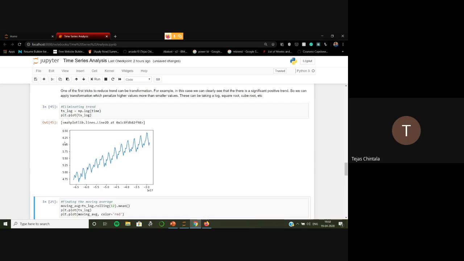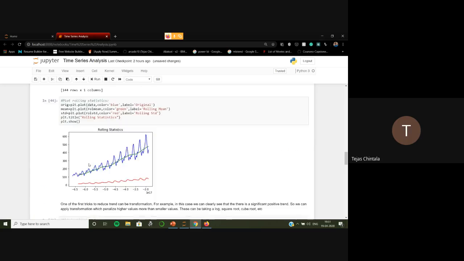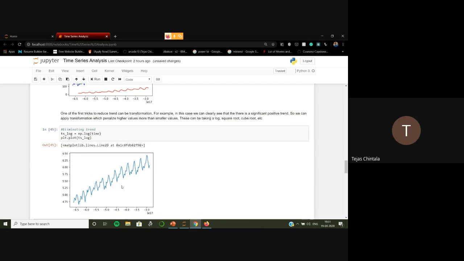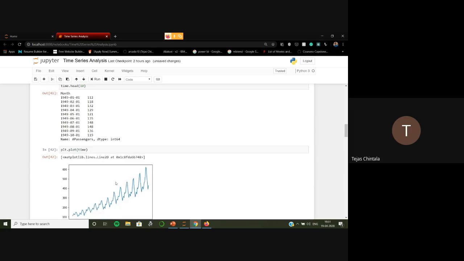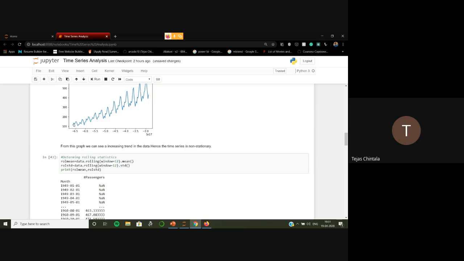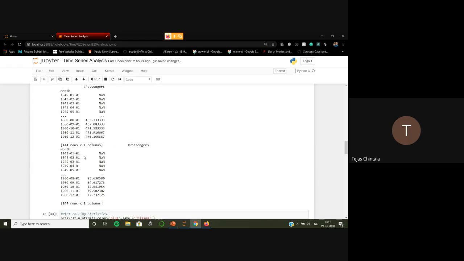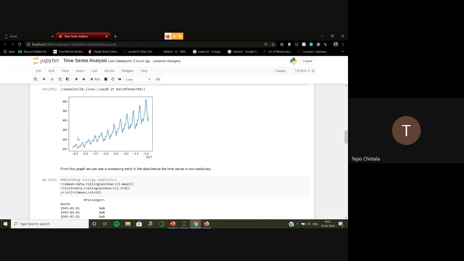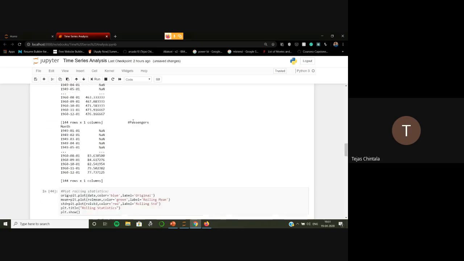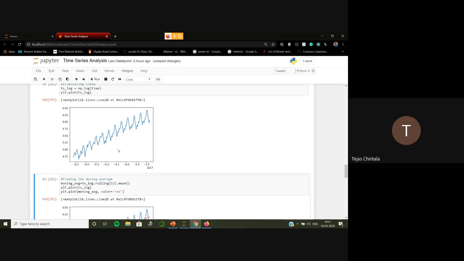Here we see that the graph has changed a little bit. This is the new graph; our previous graph was this. There we could see an increasing trend, but here the graph has changed.